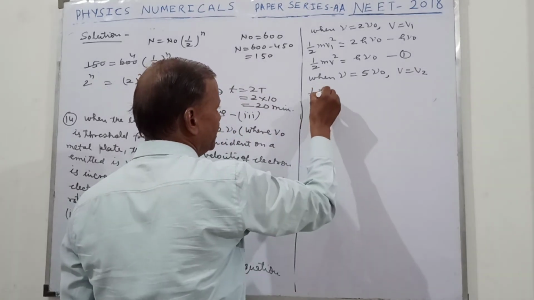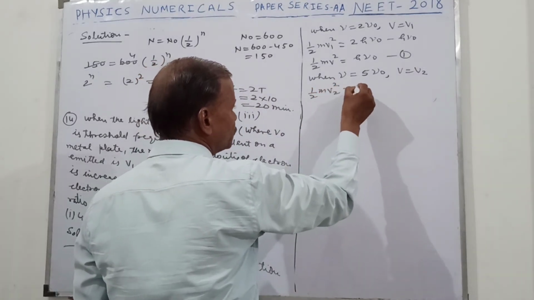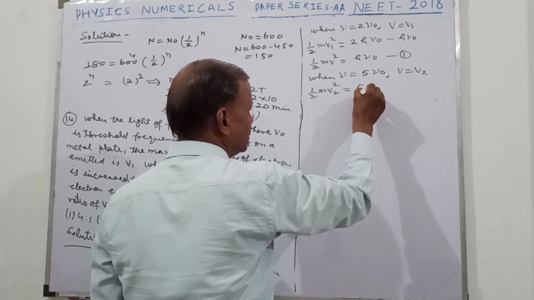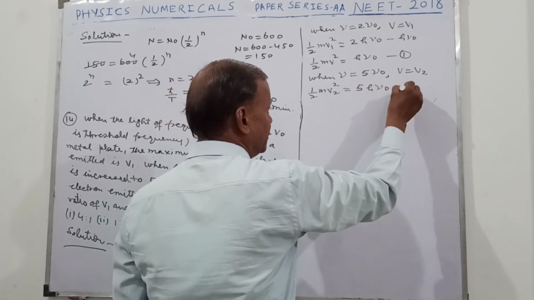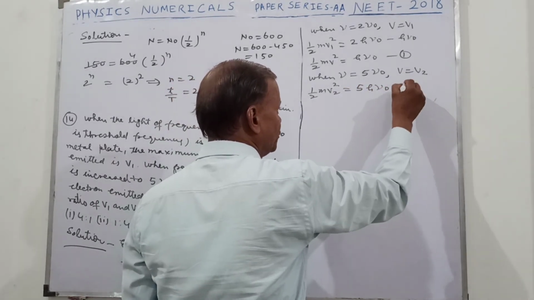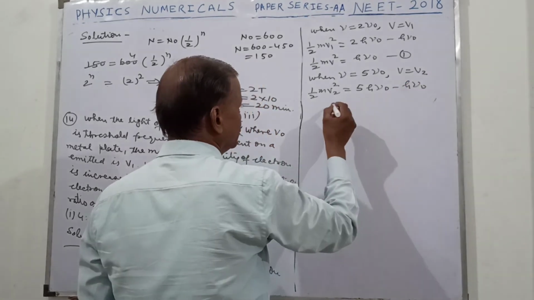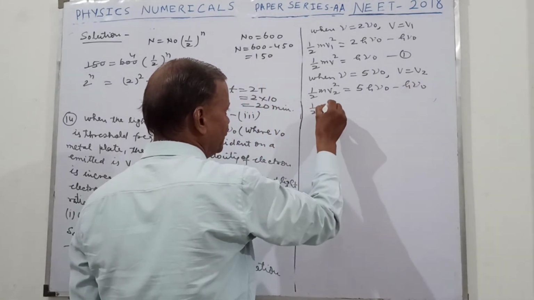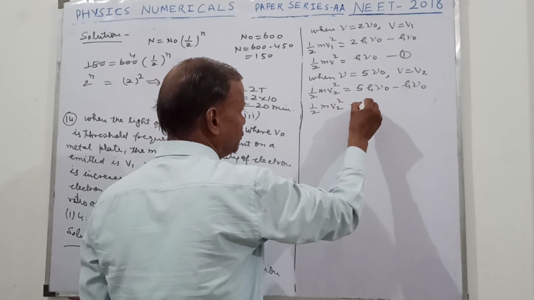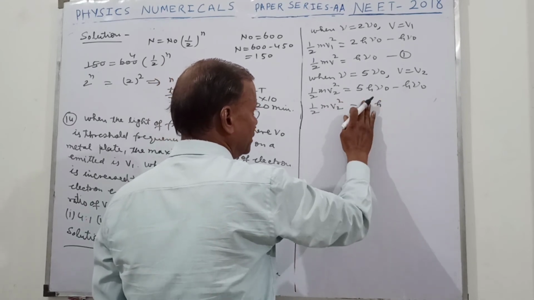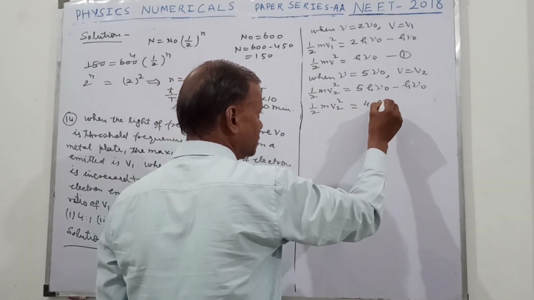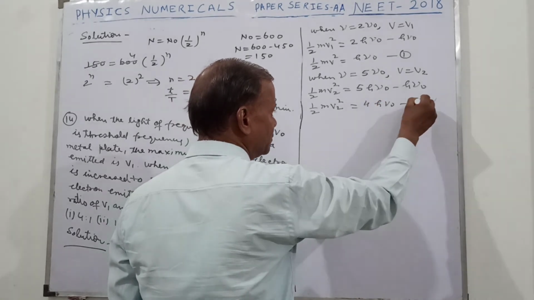So half m v2 square equal to 5hν₀ minus hν₀, so half m v2 square equal to 4hν₀. This is equation number 2.